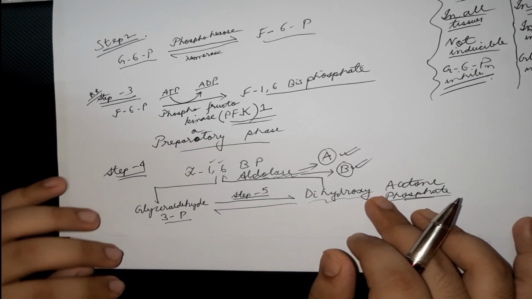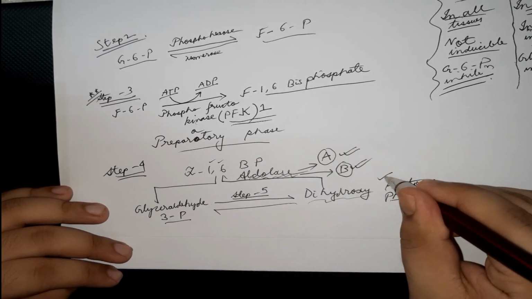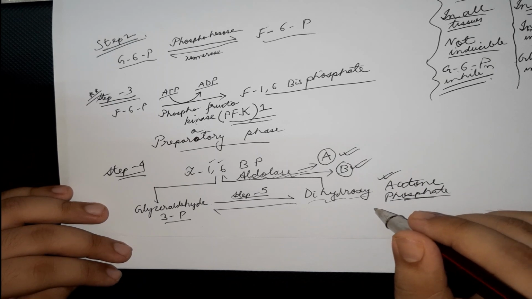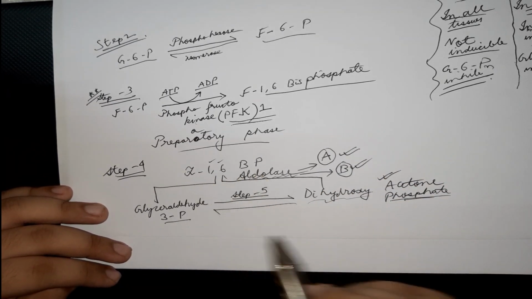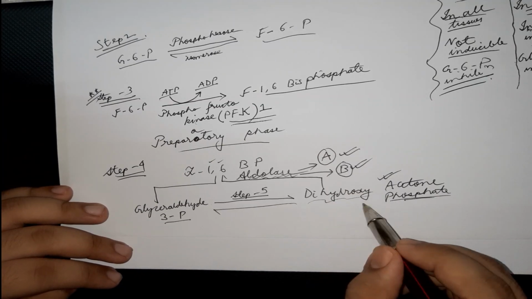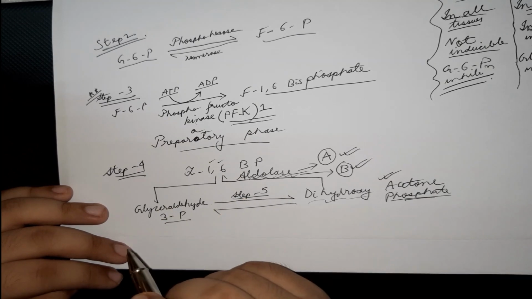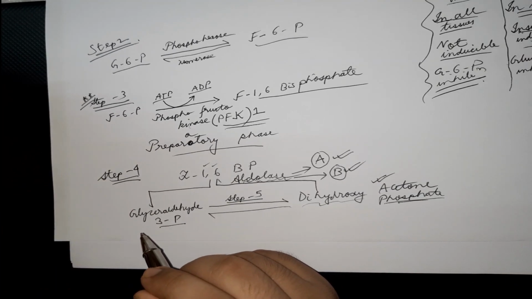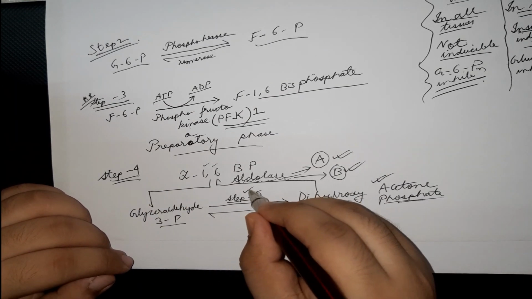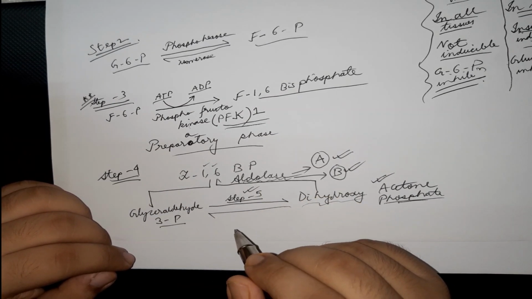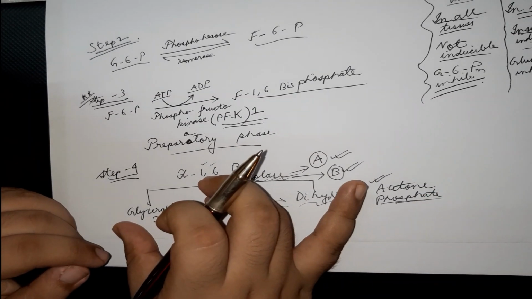But what happens is that the one molecule of dihydroxyacetone phosphate which is formed from fructose 1,6-bisphosphate is actually converted to one molecule of glyceraldehyde 3-phosphate. That is step number 5 of glycolysis. Okay, so dihydroxyacetone phosphate is converted to glyceraldehyde 3-phosphate.